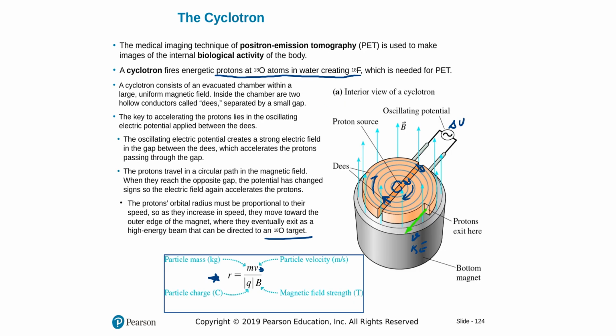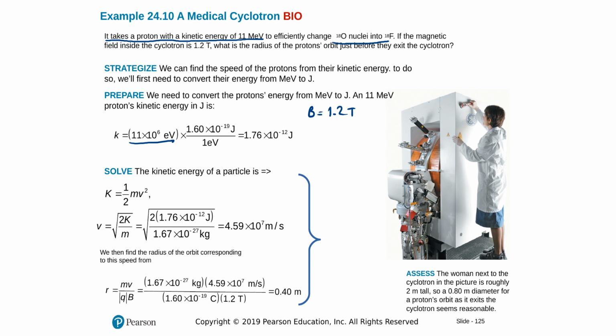If I go back to the cyclotron here, just before it exits, the orbit is this one in this case, and we're looking for this radius. We can use these equations to solve it, but what we have to find is the speed, and we find the speed using kinetic energy.